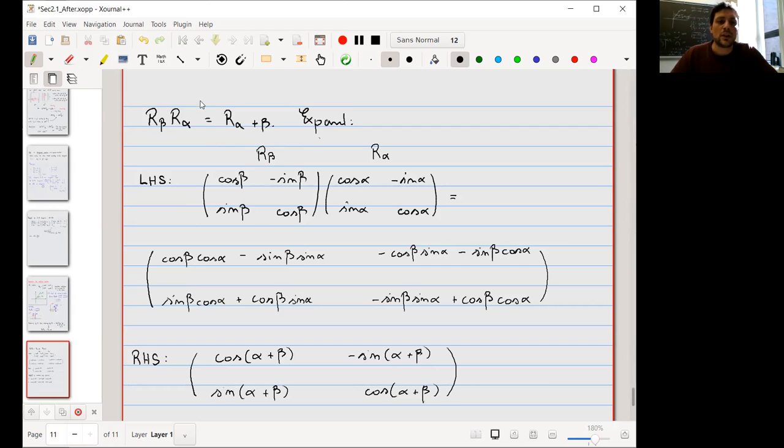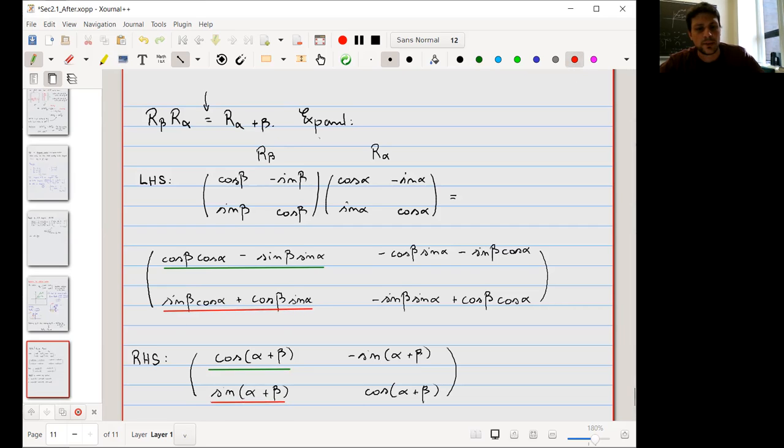Now, this equality is true, because it corresponds to the fact of rotating at once or in two different moments, so the entries of these matrices must match. In particular, this entry over here should match cosine of alpha plus beta, and this second entry over here should match sine of alpha plus beta.